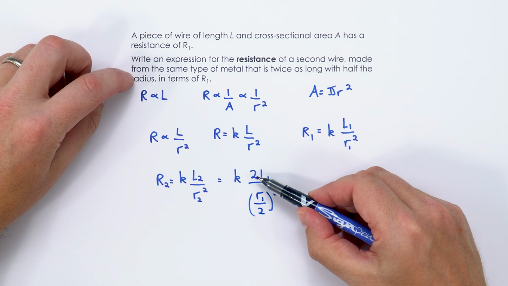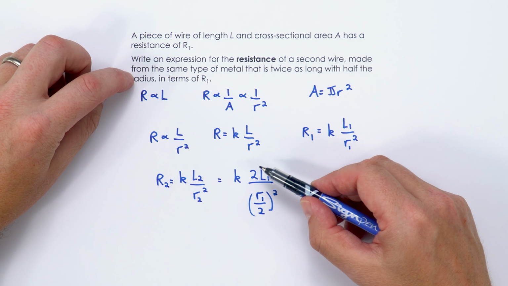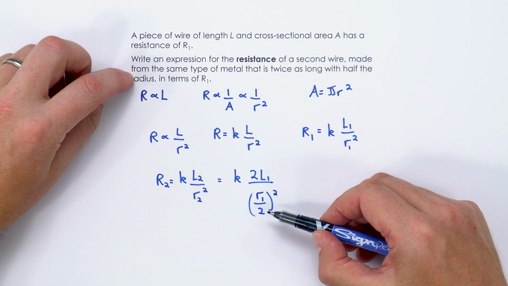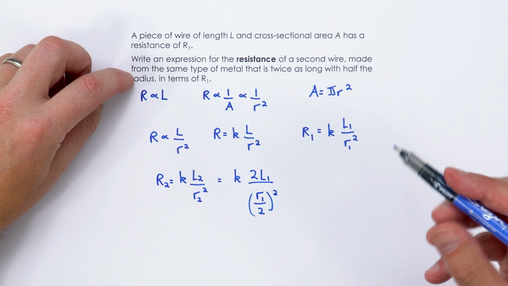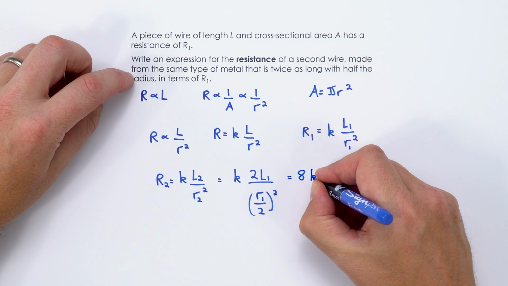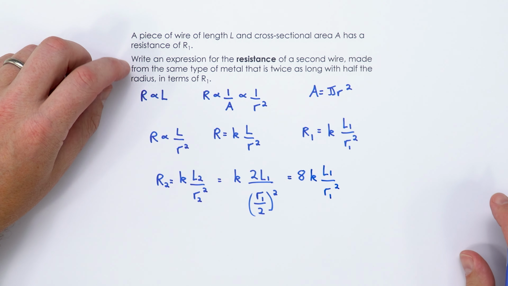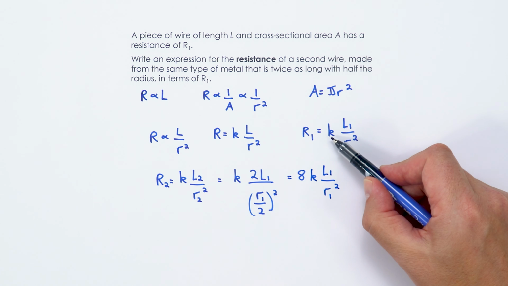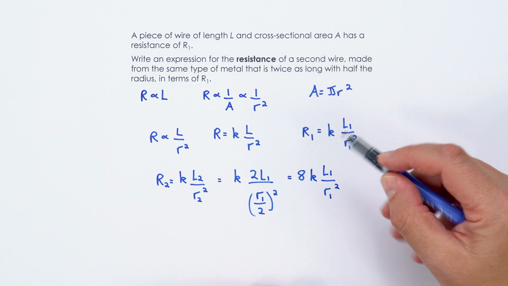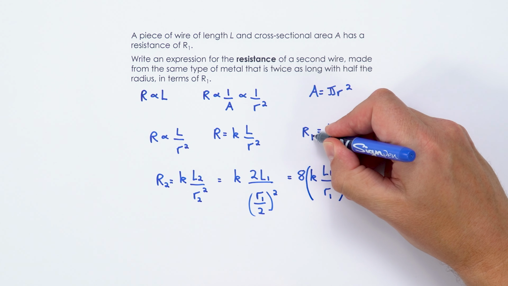And now effectively we've got 2 divided by a half squared. So that's 2 divided by a quarter, which is the same as 2 times 4, and therefore we can also write this as 8k L1 over r1 squared. But we can see just up here that k L1 over r1 squared, everything here in the brackets, is also equal to R1.